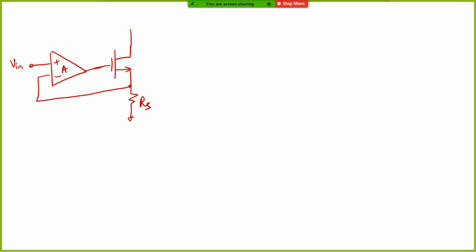We are interested in finding the short circuit output current for this transistor. What is the voltage at this point? Let's call it X. The node voltage at X is nothing but V in minus I out times Rs, multiplied by gain A, right?